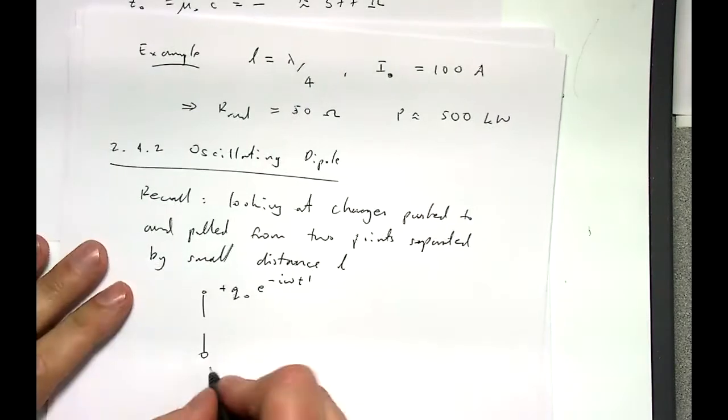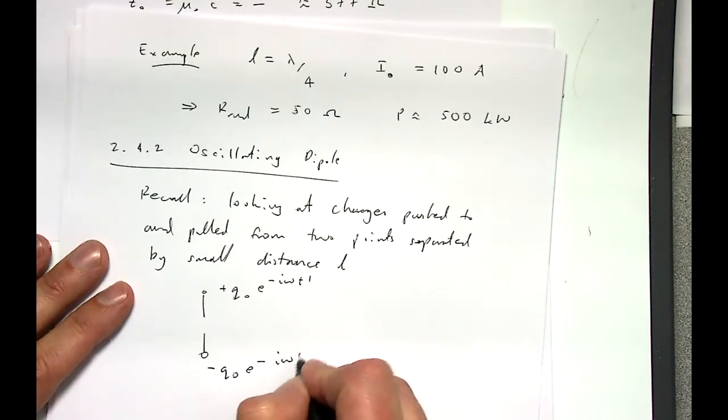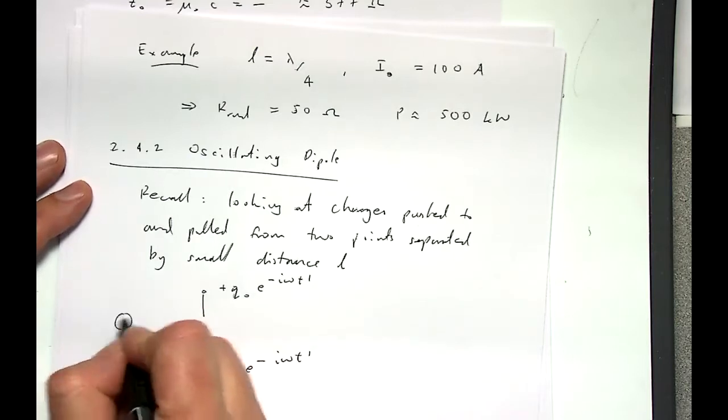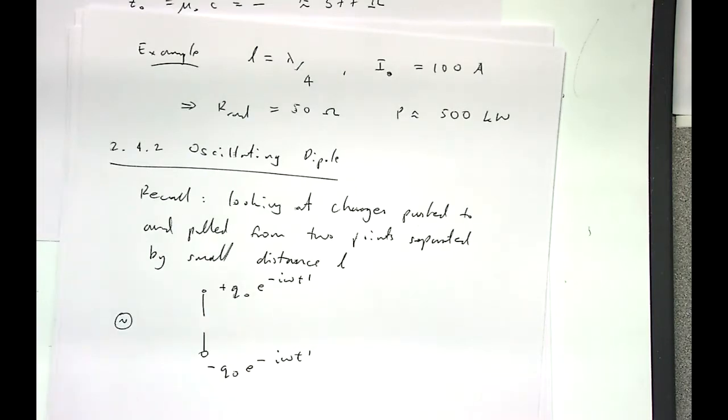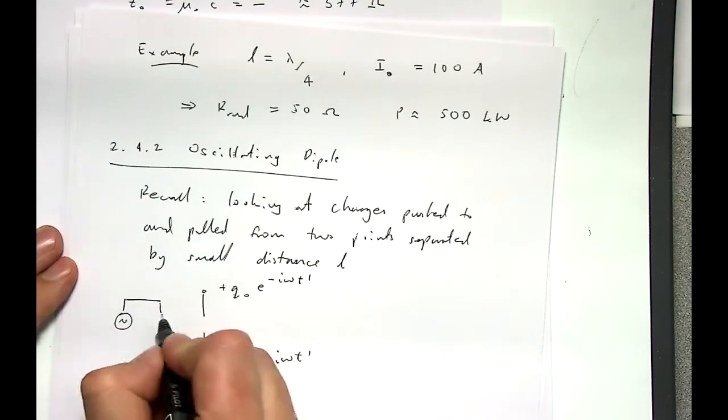And therefore the charge at the other end goes as minus Q0 e to the minus i omega t prime. And this, of course, in reality is going to be fed by some kind of oscillating supply, oscillating at the frequency of emission. And obviously I need to hook them up somehow.